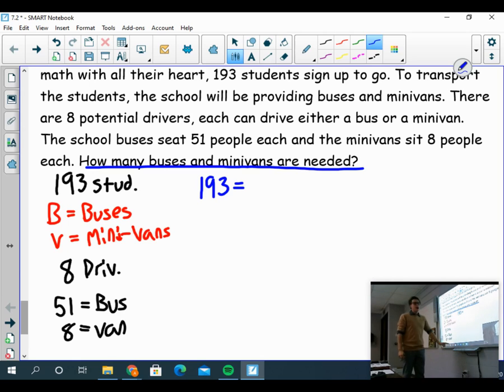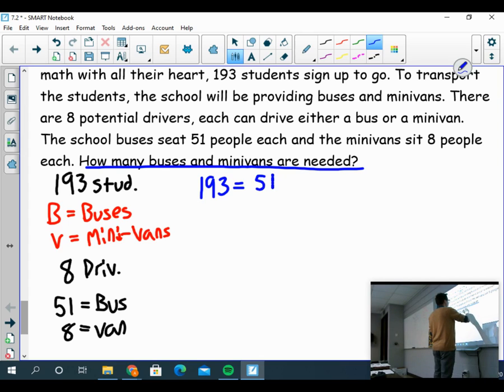Now, specifically, how many can each seat? Well, there'd be 51 people in a school bus and 8 people in a minivan. Therefore, if we took 2 buses, we could seat 102 people. 2 minivans, 16 people. So how does that set up in an equation? Well, this equation in blue is going to be all about people.